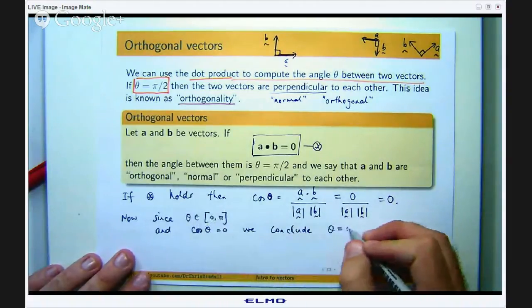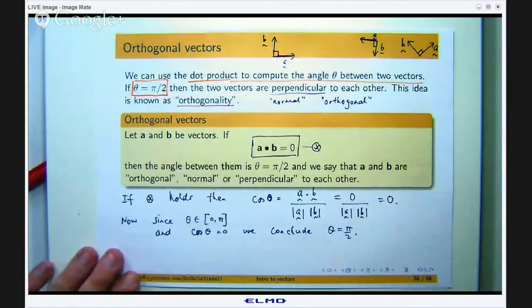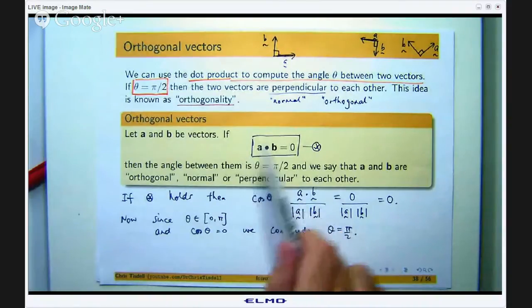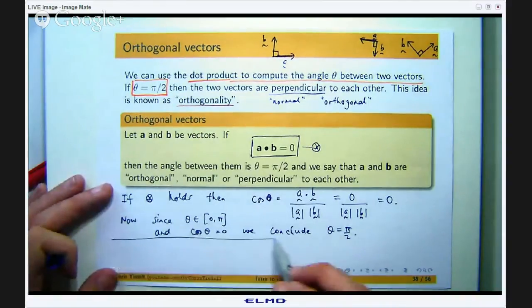It's the value pi on 2, or 90 degrees. Okay, so that's why this is an excellent test for orthogonality. Okay, if you take the dot product and the dot product is 0, then you know the two vectors involved must be perpendicular, orthogonal, or normal to each other.